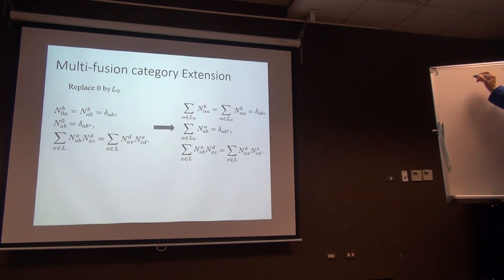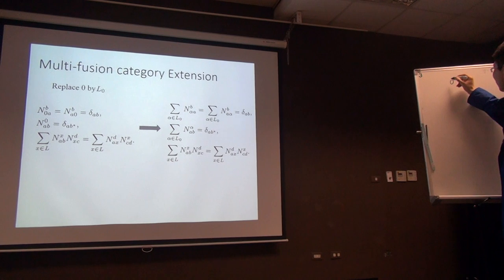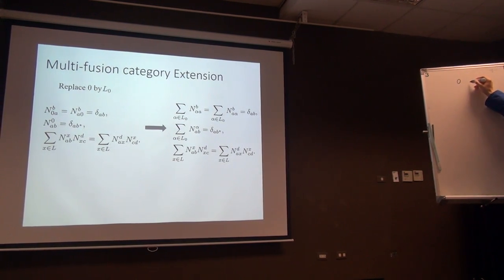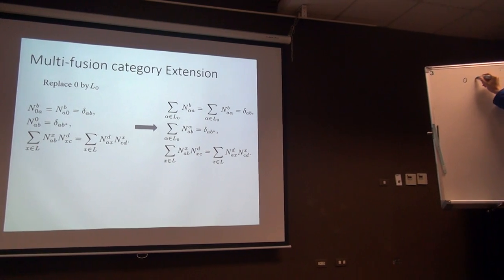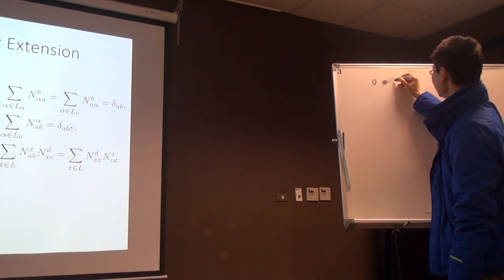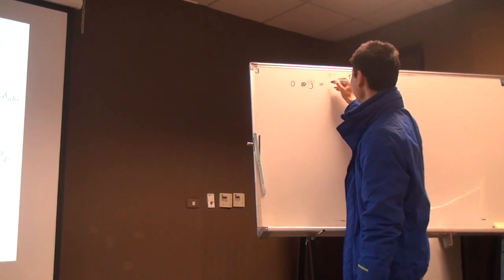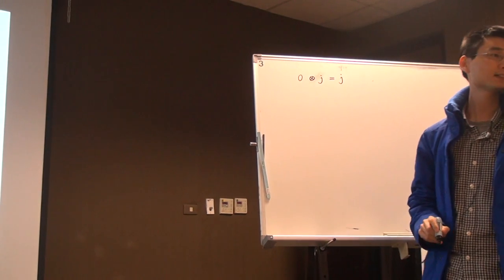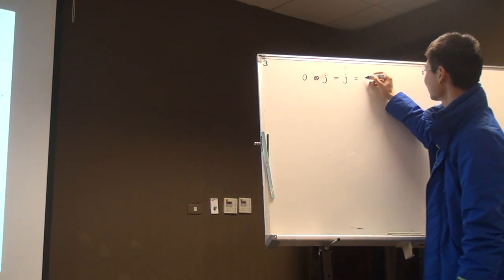But if we generalize, if we replace this 0, which has the property that if it couples to any representation J, it must be equal to J. That's the unit property.